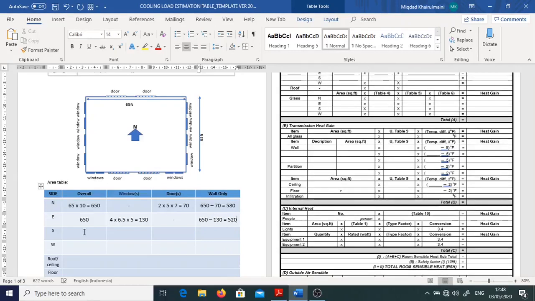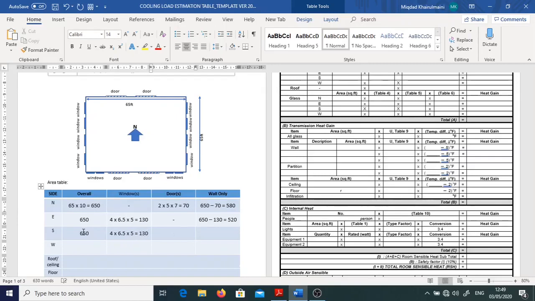So for the south, the overall is also 650. Based on the dimension, on the south we have 4 windows also. Each window is 6.5 feet wide and also 5 feet high. So we can also get 130.